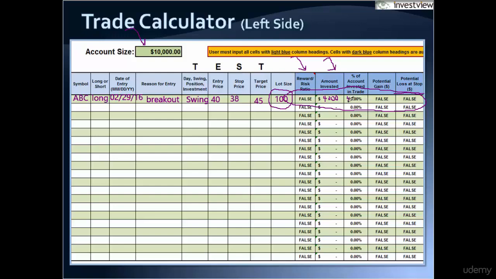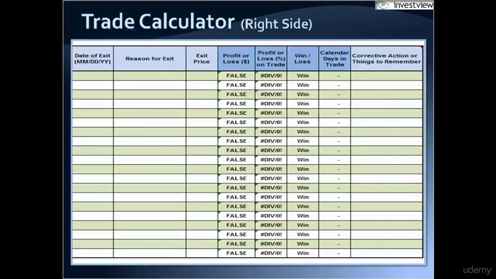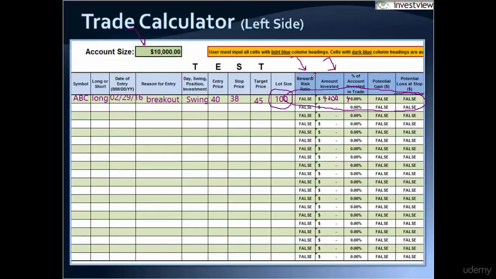It would tell you that your potential gain, 100 shares at 5, is $500, and your risk is $200, so your reward to risk is 2.5 to 1.